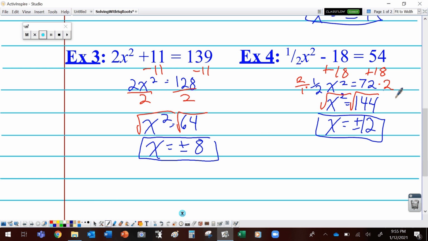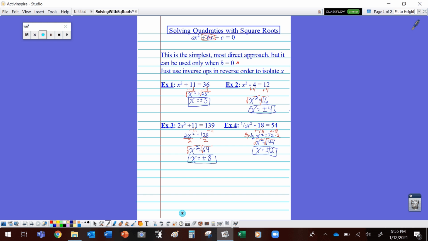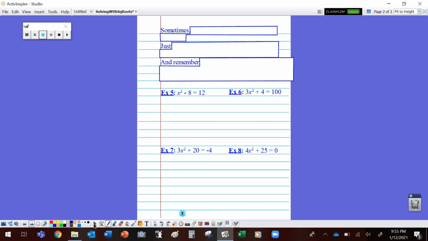All right, so we did 4 of these. They were all pretty basic, just going right after that x, getting that x by itself, inverse operations, and reverse order of operations. Now, all of those worked out nice and neatly with integers, and that's how we like to start, just getting our feet wet. But sometimes that's not going to happen. Sometimes it won't work out all nice and neat with integers, but that's okay.